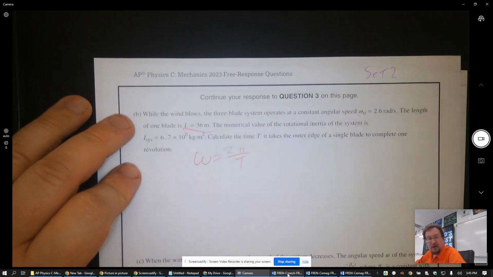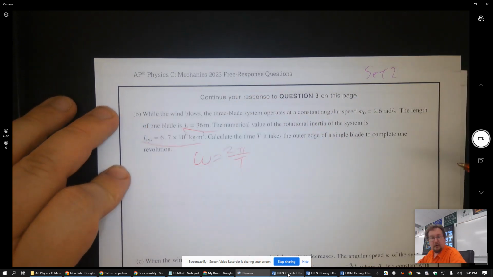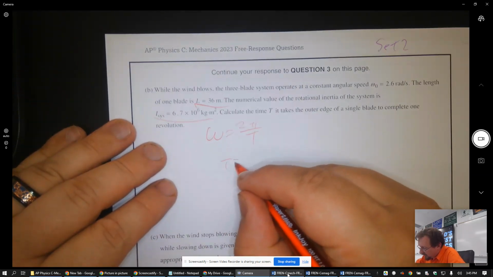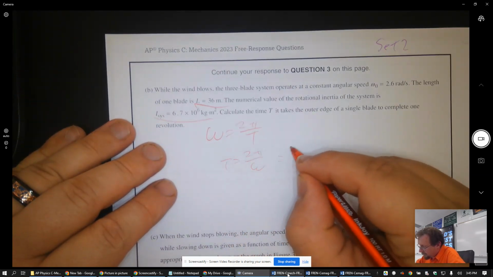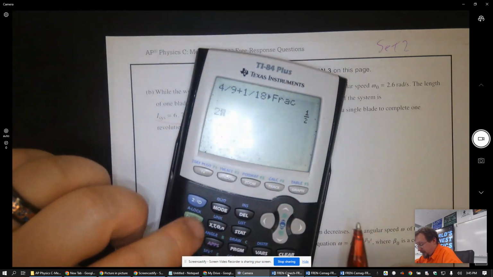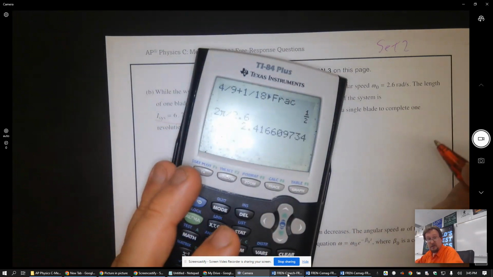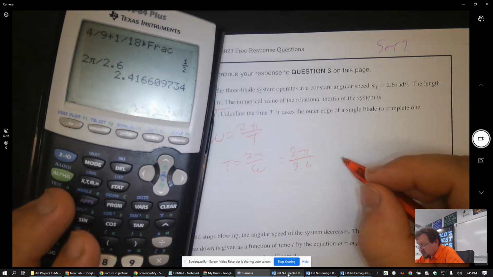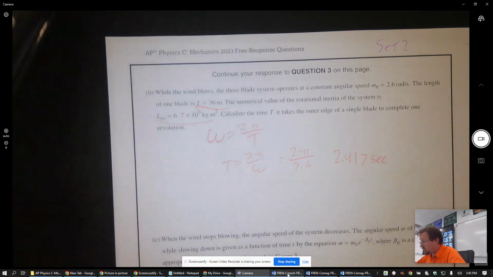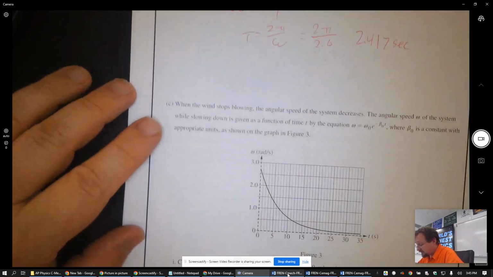Why do I need to know the rest of this? It's omega. Really? All right, so the period is 2 pi over omega. That's 2 pi over 2.6, which is 2.417 seconds. Is that all you want? What was the rest of that there for?